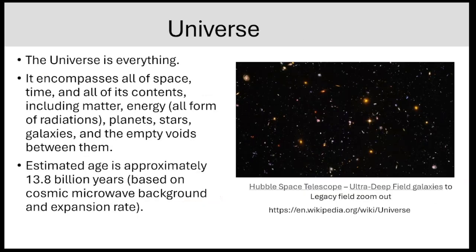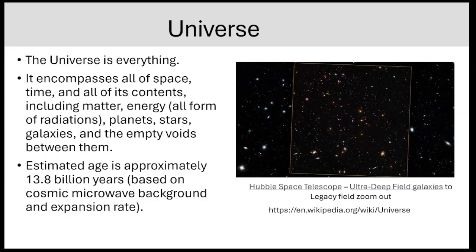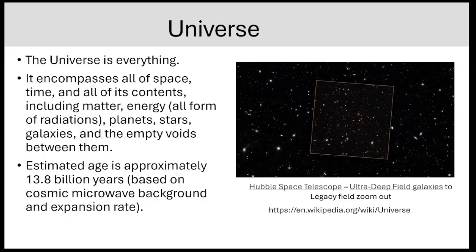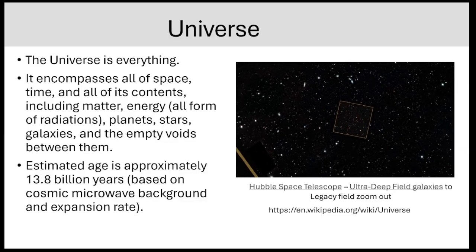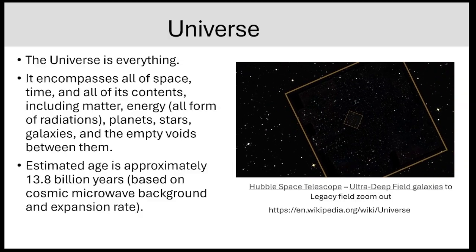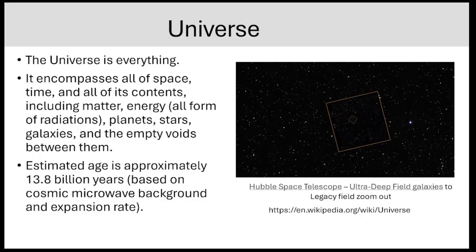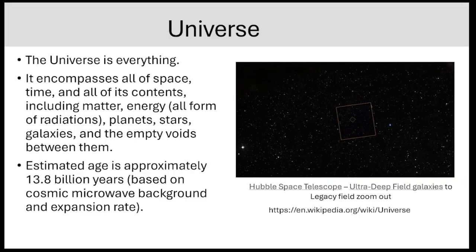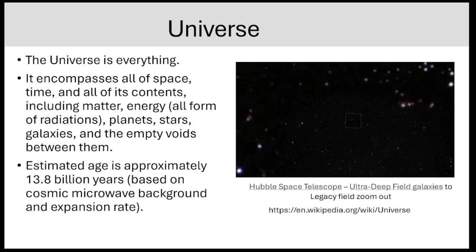Let's talk about the universe now. The universe is everything that exists: space, time, matter, energy, and the vast emptiness between galaxies. In other words, the universe contains all stars, planets, galaxies, all forms of energy, radiation, and dark matter.